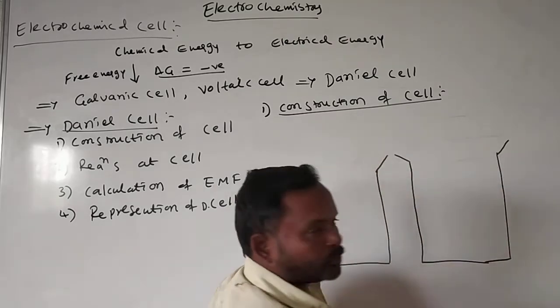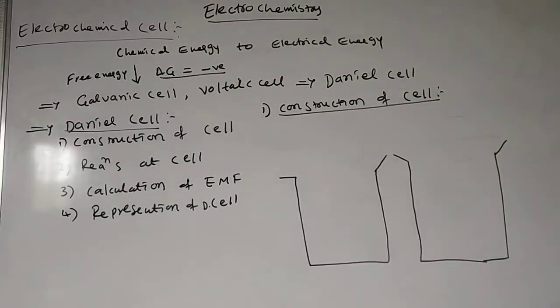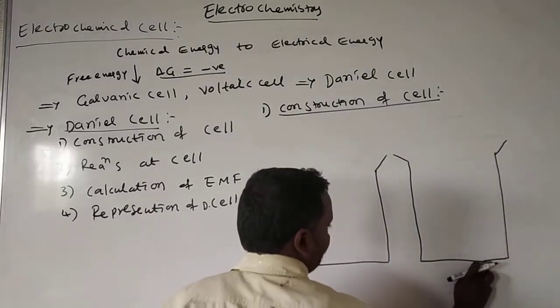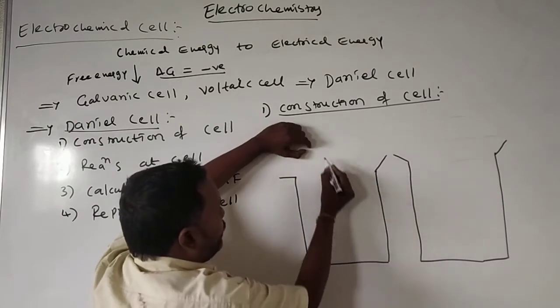The one on the right side acts as the cathode, and the one on the left side acts as the anode.